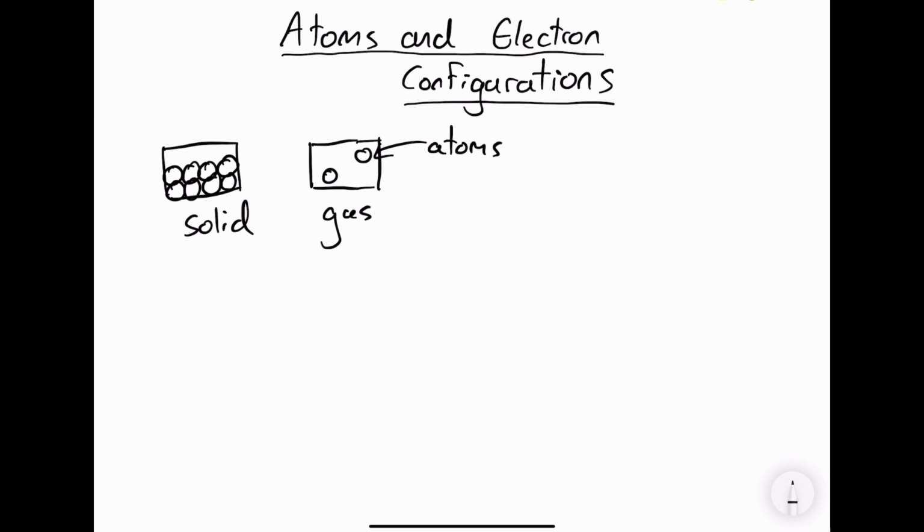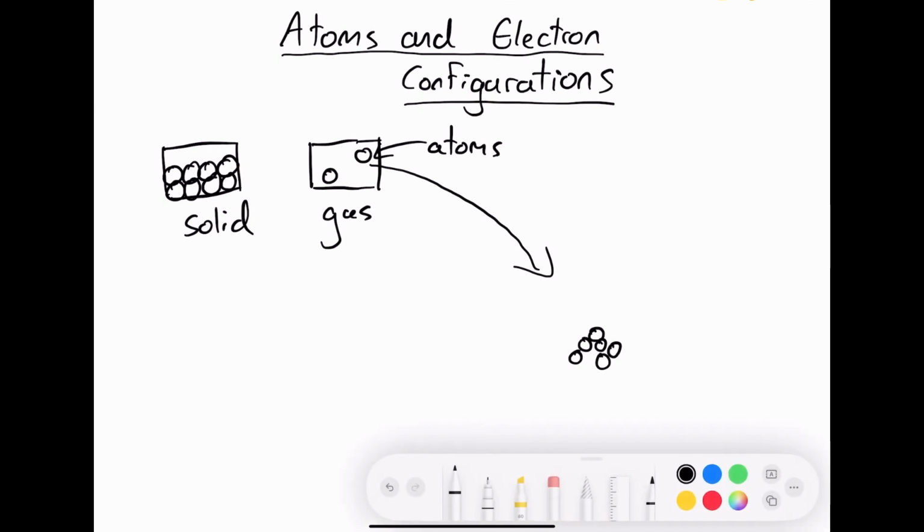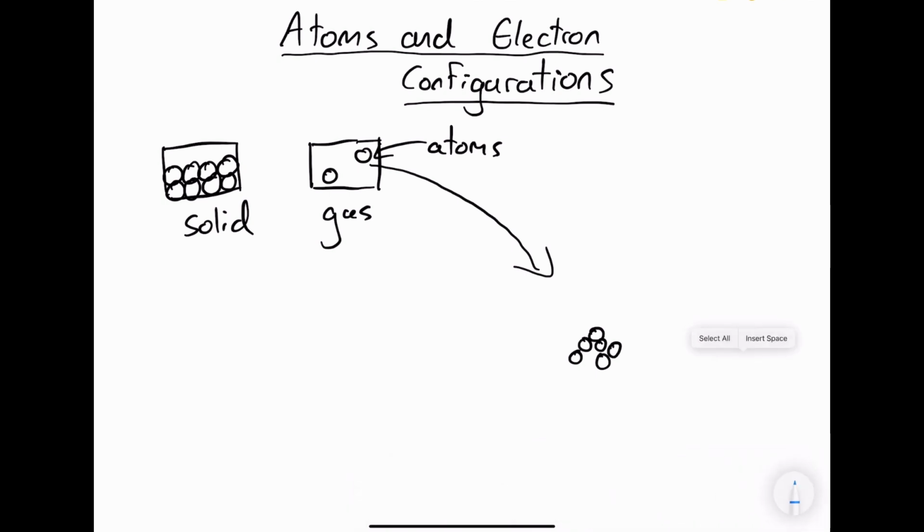If we took one of these particles and we zoomed into it so we could see its components, you would see that the atom is made from a central nucleus that's made up of two subatomic particles, which means smaller than the atom or inside the atom particles. Now these include the protons and the neutrons.